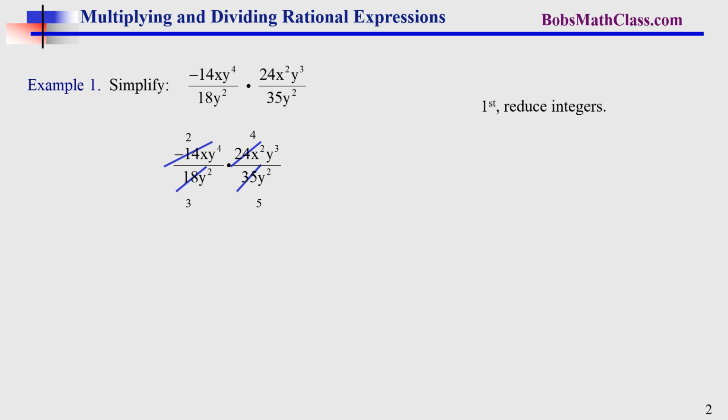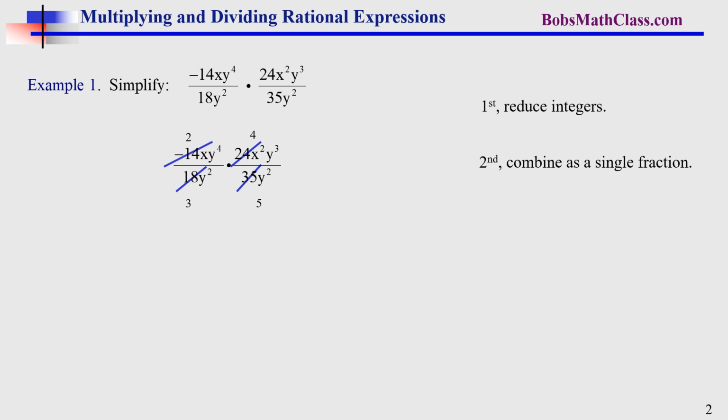So let's multiply the top numbers. We have 2 times 4, which is 8. 3 times 5, which is 15. So we have an 8 on top, 15 on the bottom. And then the x's, we're going to combine the x's on the top, combine the y's on the top, and there's only y's on the bottom, so we're going to combine the y's on the bottom. So what we're doing is making it a single fraction.